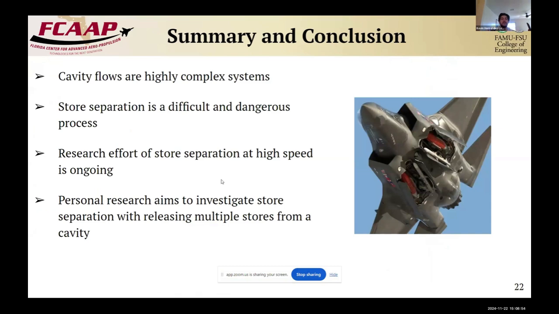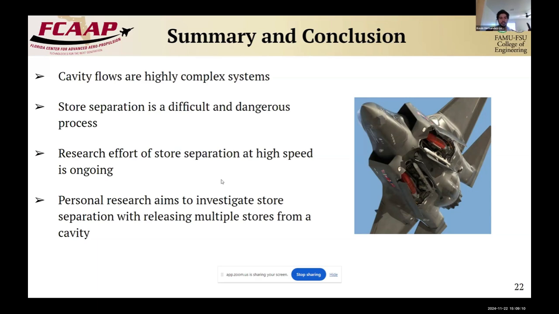And then, for the final summary and conclusion, cavity flows are highly complex flow systems. And with that, we find that store separation is very difficult and can be a really dangerous process.